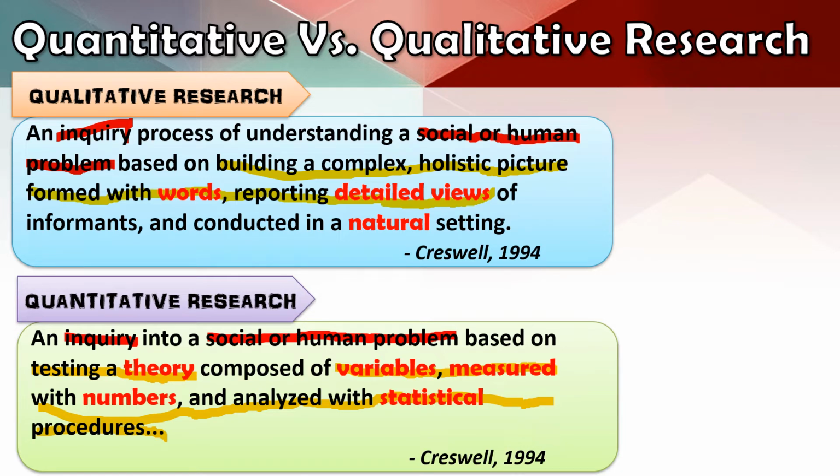If we want to test a theory in quantitative research, we test them by assigning values, assigning numbers, and interpreting those numbers using statistical procedures. So in short, qualitative research uses words to analyze the topic, while quantitative uses numbers and statistics to analyze the topic.